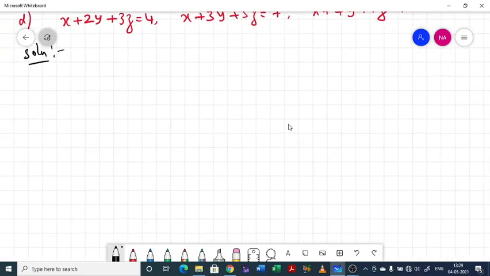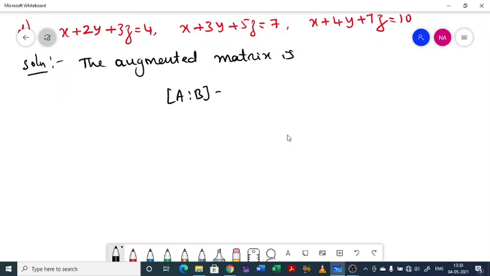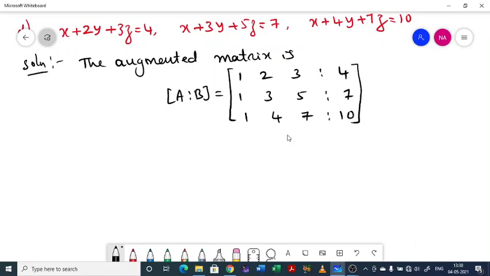The augmented matrix A colon B equals 1, 2, 3 colon 4, 1, 3, 5 colon 7, 1, 4, 7 colon 10. Now operations can be applied easily.